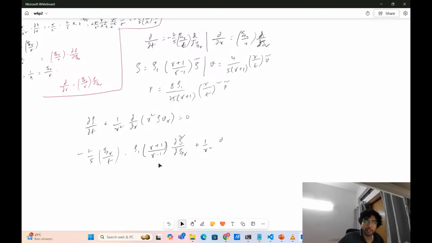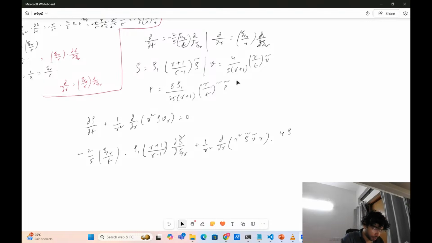Okay, let's keep del del r for now. I'll substitute it later, but right now let's substitute rho with this and v with this. So del del r of r square rho tilde v tilde r. This r is coming from this v, so I just substitute v with v tilde r.